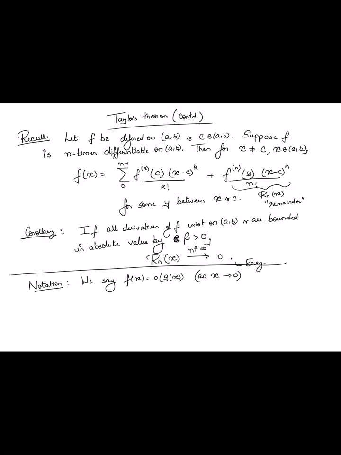At this point just take it like this: f of x is equal to little o of g of x as x tends to 0 if the following is true: the limit as x tends to 0 of f of x by g of x is in fact equal to 0. So if f of x is little o of g of x, that means that f becomes basically negligible compared to g when x approaches 0.